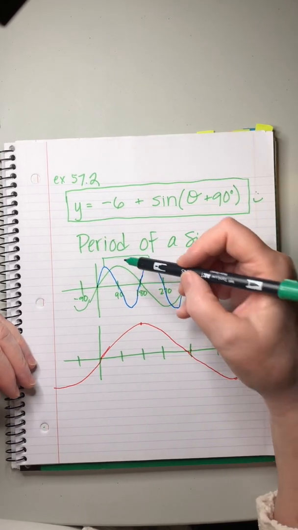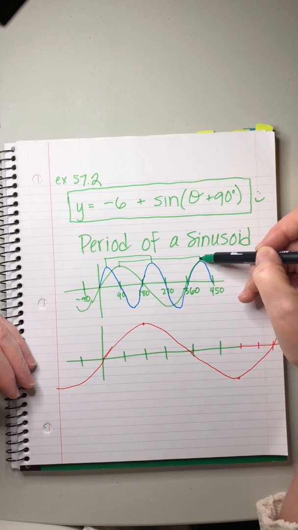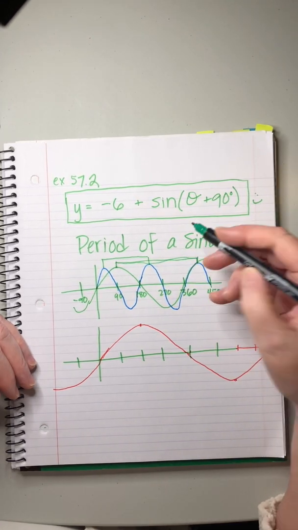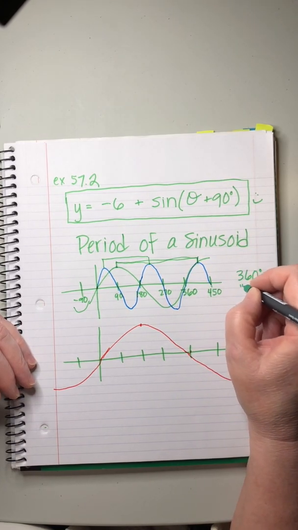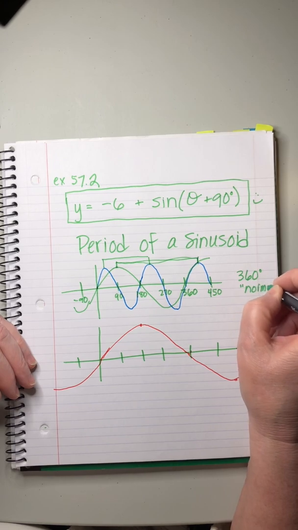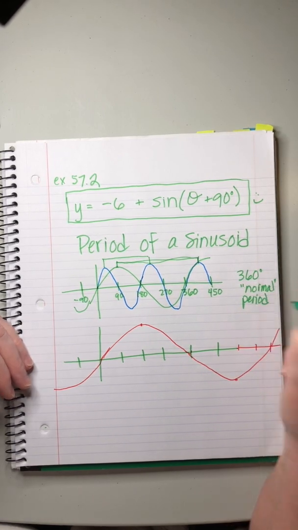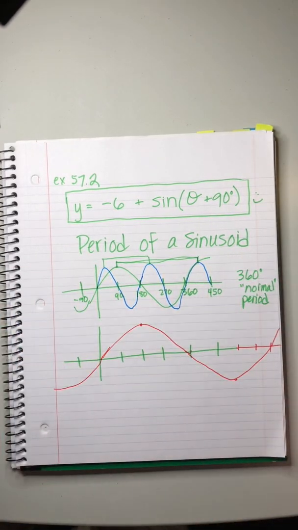So in our normal sinusoid curves, whether it's sine or cosine, normally we measure from top to top. It is 360 degrees is the quote-unquote normal period. That's what we've been looking at. But we can make them smaller periods or longer periods.